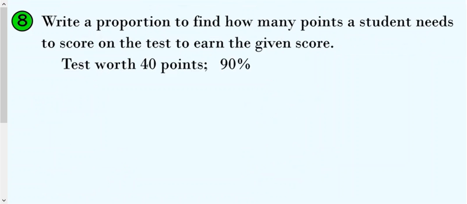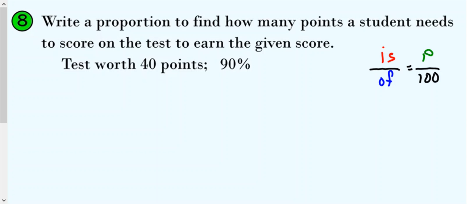Number 8 says, write a proportion to find how many points a student needs to score on the test to earn the given test score. Test worth 40 points and 90%. Alright, so I wrote the proportion information here on the right side. We have is over of, or the part over the whole, equals the percent over 100.